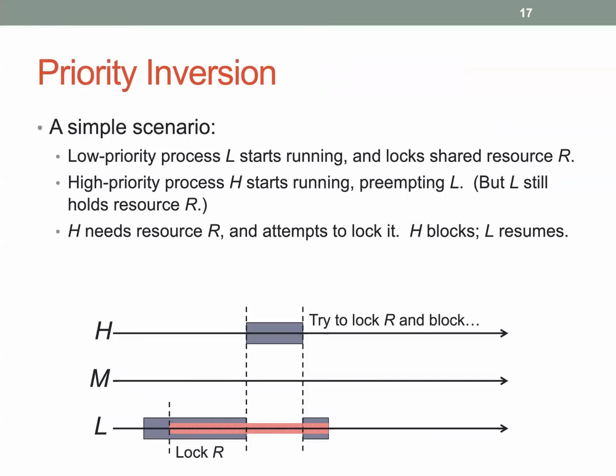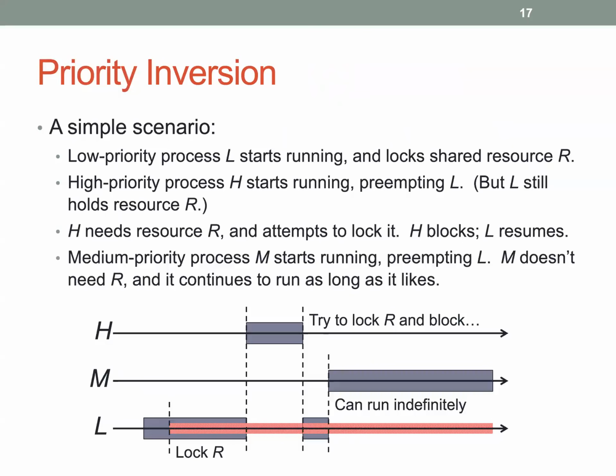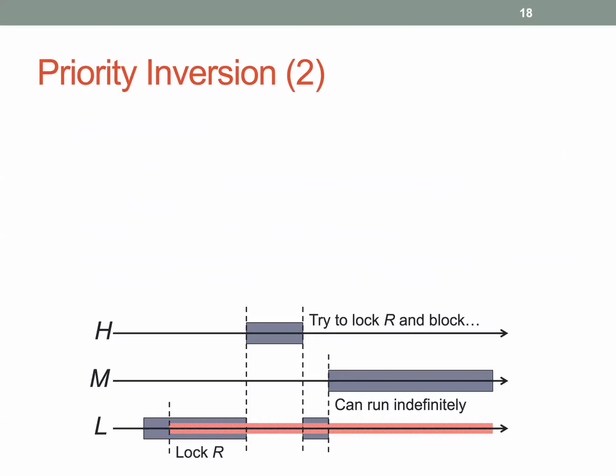But unfortunately, if you have a third process in the mix that's a medium priority process, so it's higher than the low, and it doesn't need to do anything and it can run for a really long time, now you have, again, this situation where the amount of time it might take for the high priority process to get the CPU may become unbounded, i.e. the high priority process never gets to run, okay?